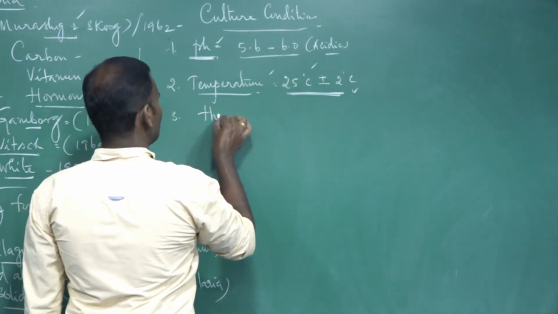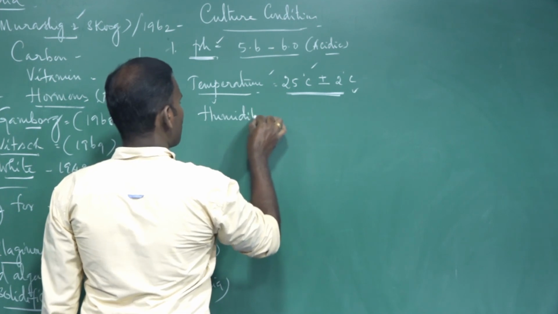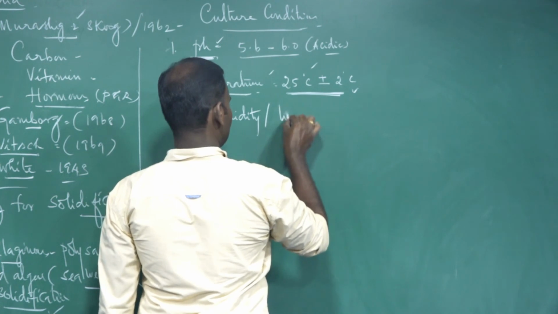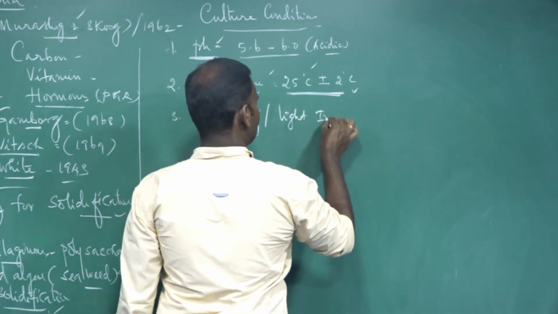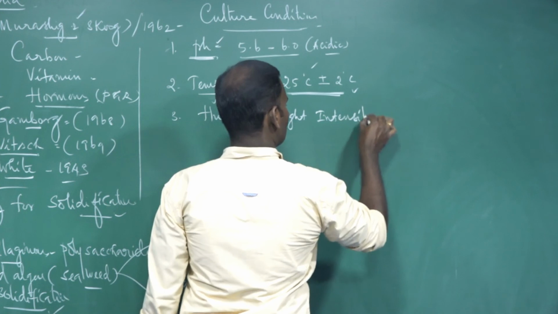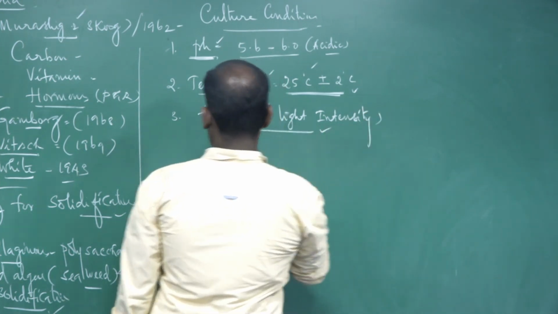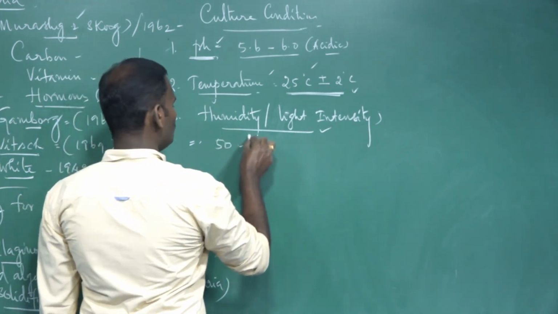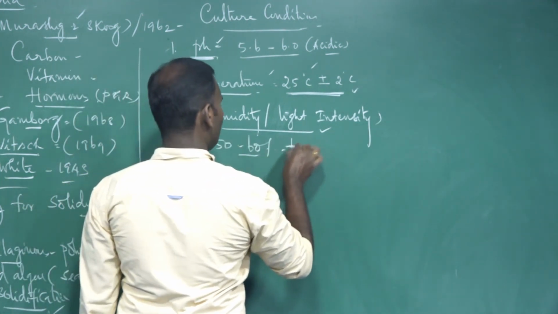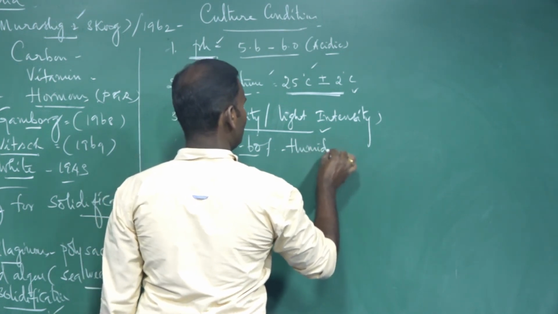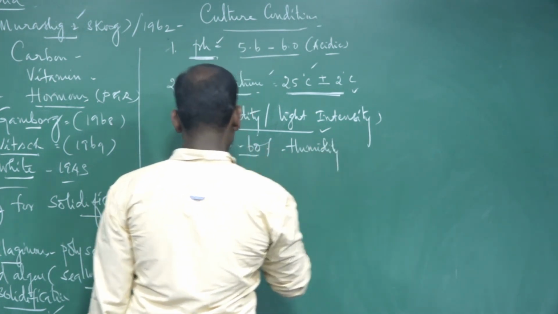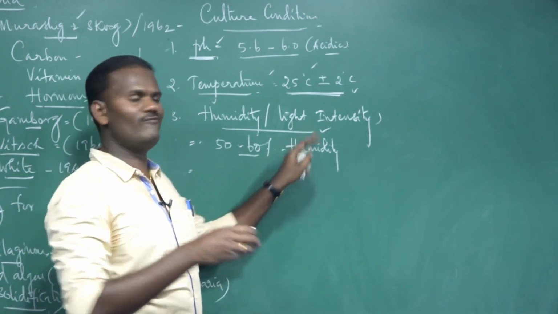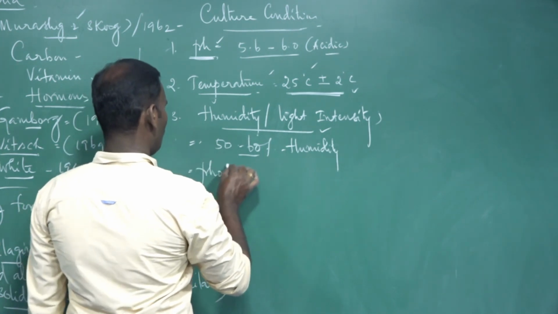Third one is humidity and light intensity. The culture medium requires 50 to 60% humidity, that is, moisture. It is followed by photoperiod.